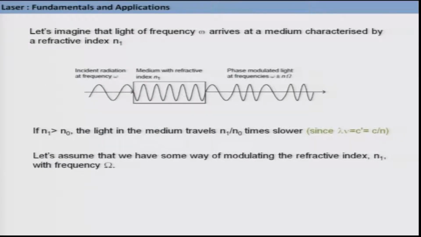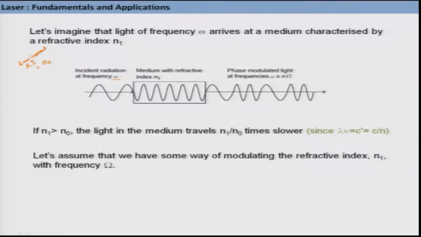What we did was a hypothetical experiment where we took an active medium with a refractive index N1, which is higher than the refractive index of the environment, given as N0. I have an incident radiation coming with a frequency small omega.